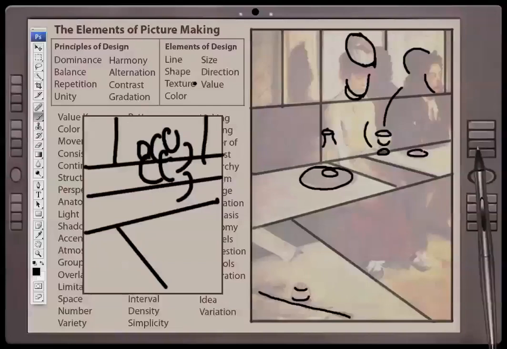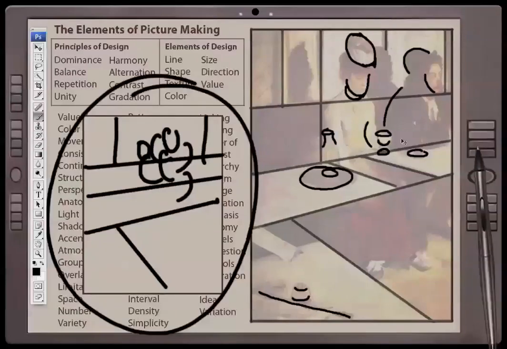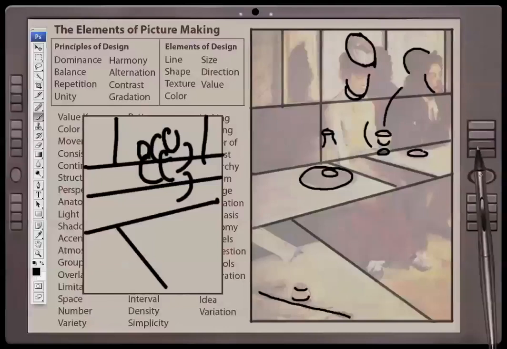So here's an extreme simplification of this plan of line that Degas established. The plan is to place curved lines and curved shapes against straight lines and angular shapes.